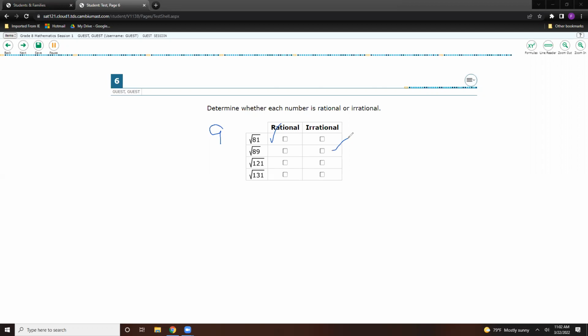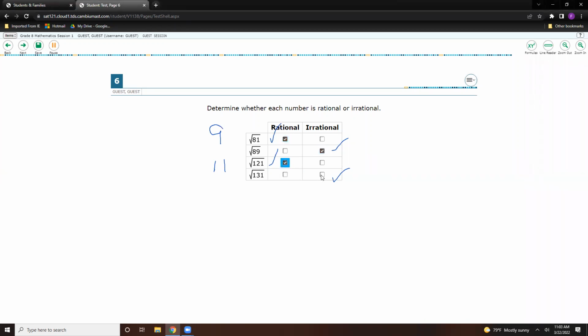The square root of 121 is 11. So that will work. And then the square root of 131 is going to be an irrational number. And so I will click that. Once I explained it, I can now click. And then clear all drawings and go to the next question.